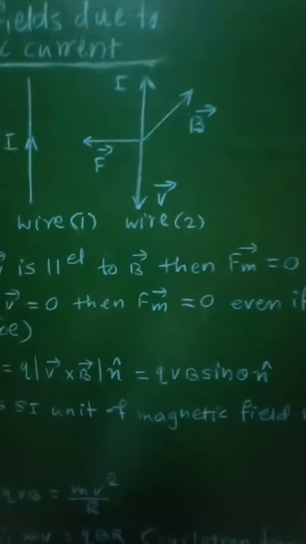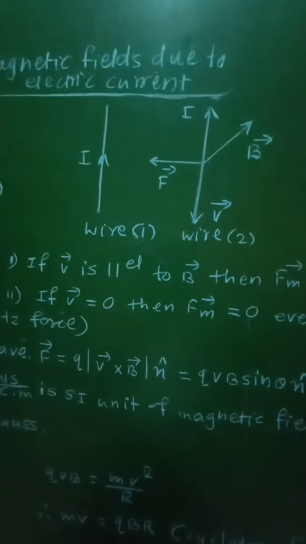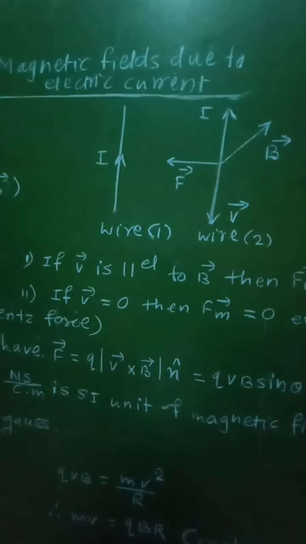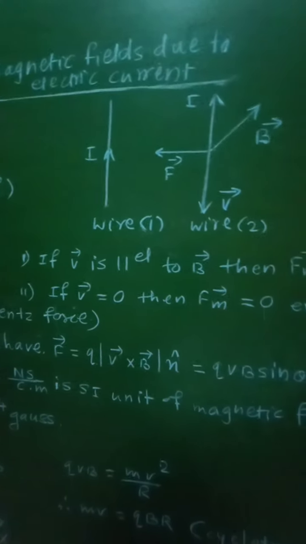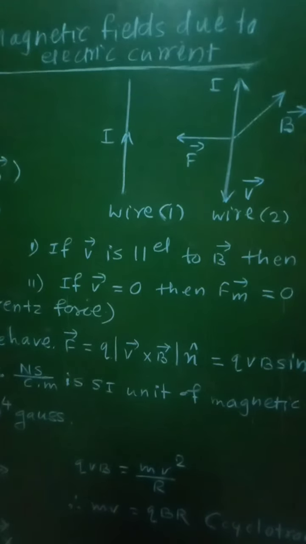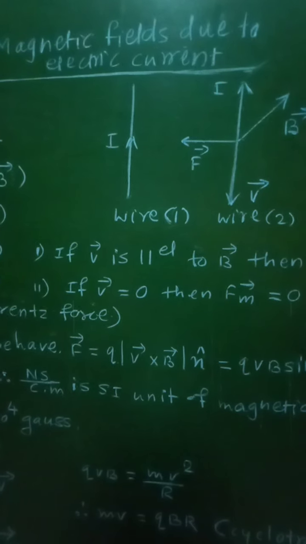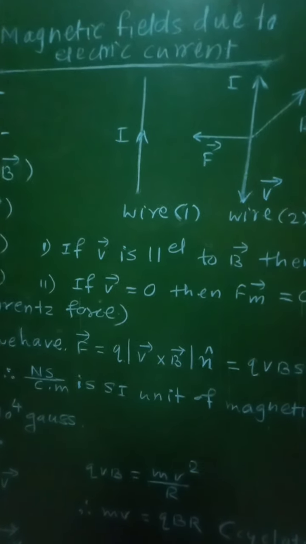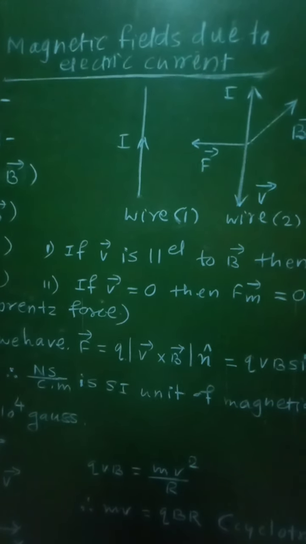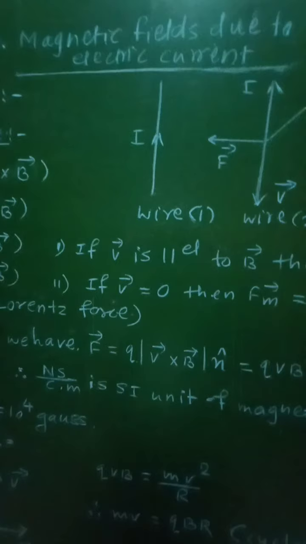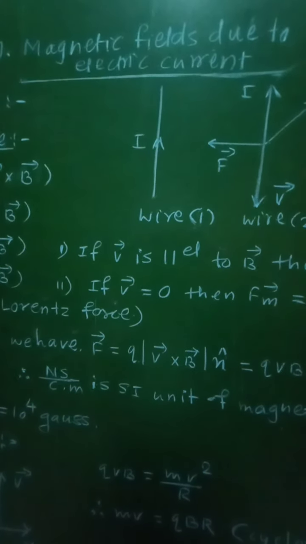From this diagram, both these vectors are always perpendicular to each other, and hence vector F dot vector v will be equal to 0, that is, the scalar product or dot product of these two vectors will be equal to 0, for any magnitude of B. Now, the magnetic force Fm is perpendicular to the displacement of the charge, and hence the magnetic force never does any work on that moving charge.